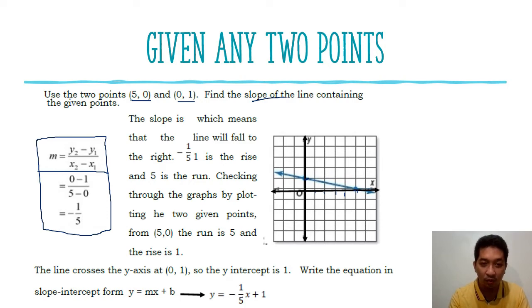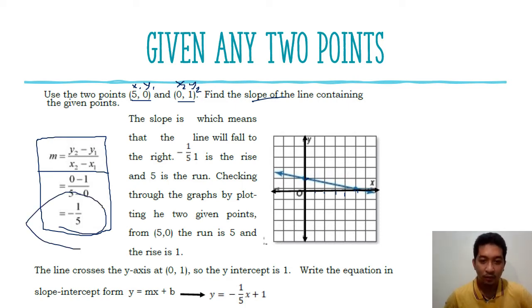Itong 5 and 0, ang 5, yun yung x sub 1, yung 0, yung x sub 2. Okay? And then 0 is y sub 1, and then 1 is y sub 2. Okay, let's substitute mo lang, and then you will get negative 1 over 5.